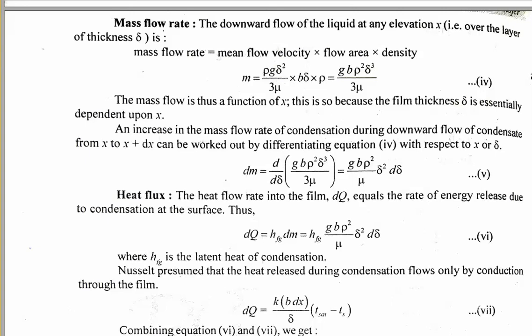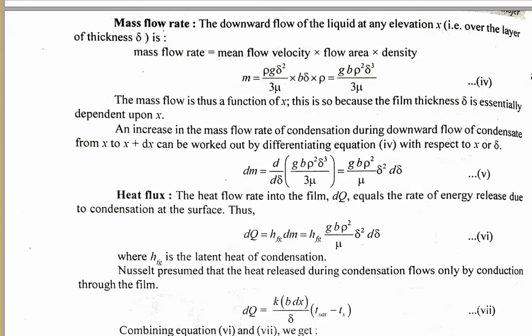The increase in the mass flow of condensate during the downward flow from x to x plus dx can be worked out by differentiating the equation with respect to x or del. dm is equal to d del of g B rho square del cube by 3 mu, with respect to del.